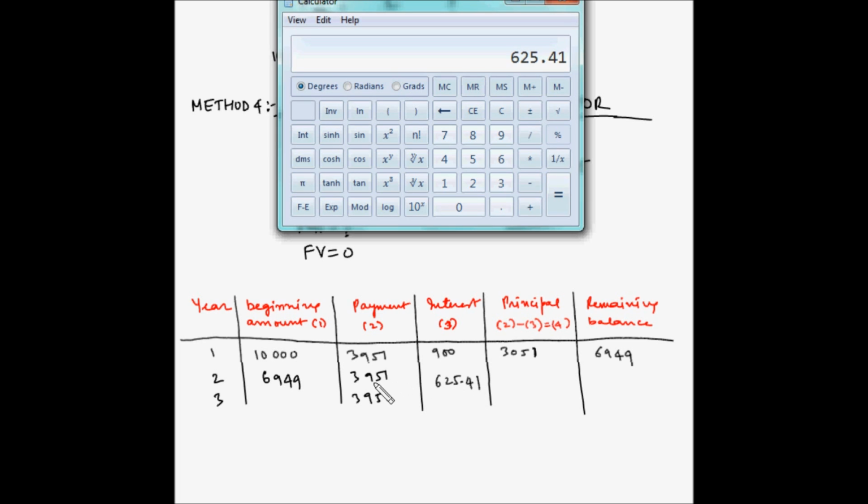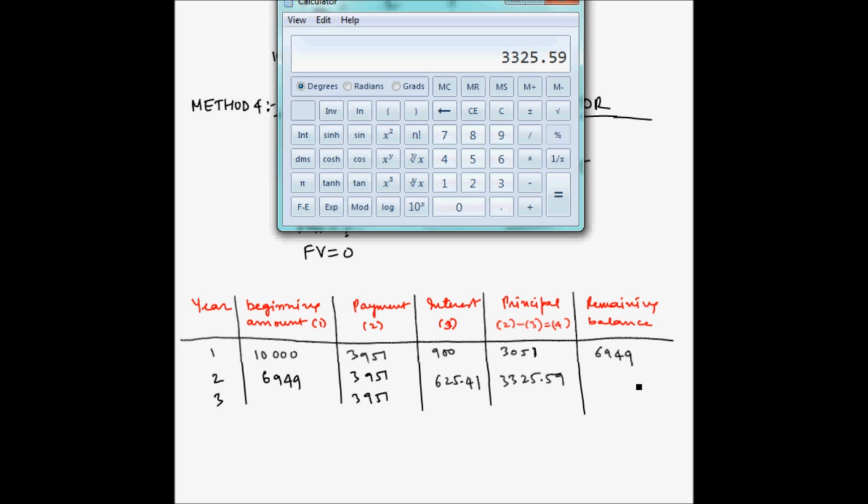Now the principal will become 3951 minus 625.41. So let's consider this as negative, and to this we'll add 3951. So we get 3325.59. So 3325.59 rupees is the principal amount that we are paying out of 6949.